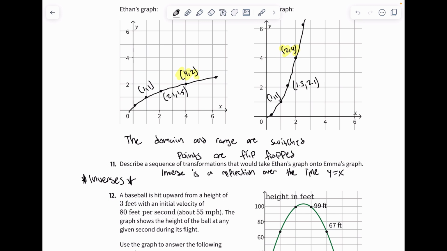So essentially all you need to do is reflect over the line y equals x. I'm not really going to do that. Let's just think about color here and see if that even helps us visualize this.